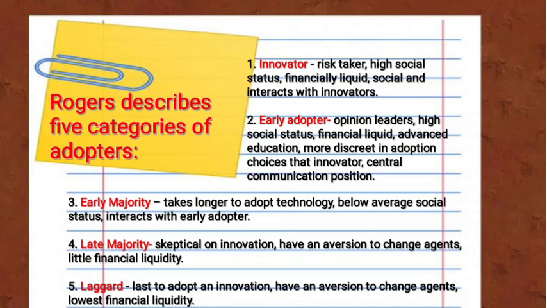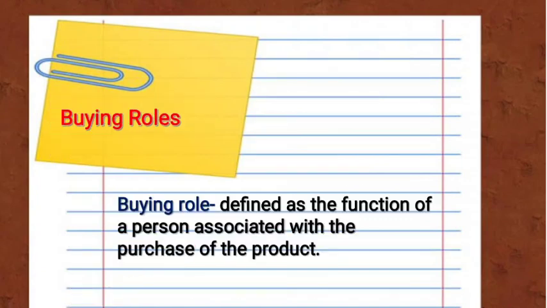Okay, maybe that's, as I mentioned, because of their lowest financial liquidity. So meaning to say, the people who only now purchase a product that is already out of trend are what we call laggards. Okay, so these 5 categories are described by Rogers in his adopter categories theory, or model.